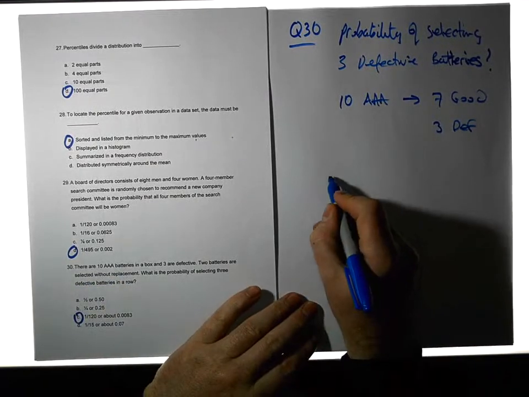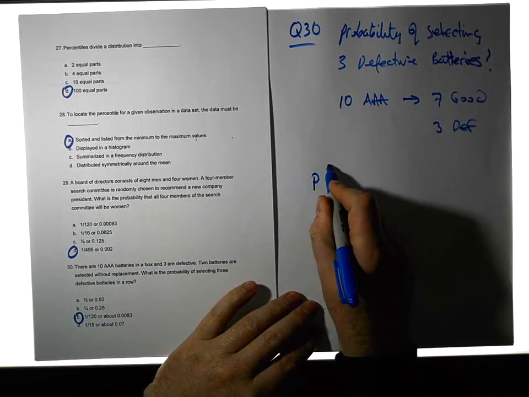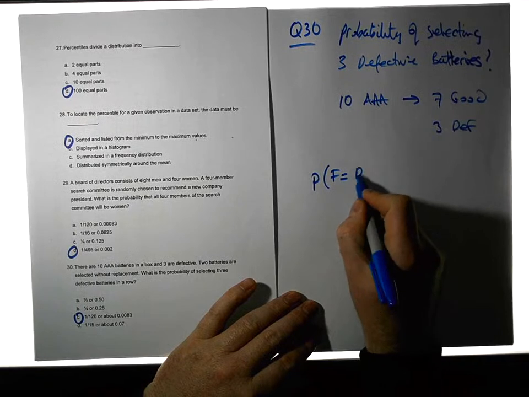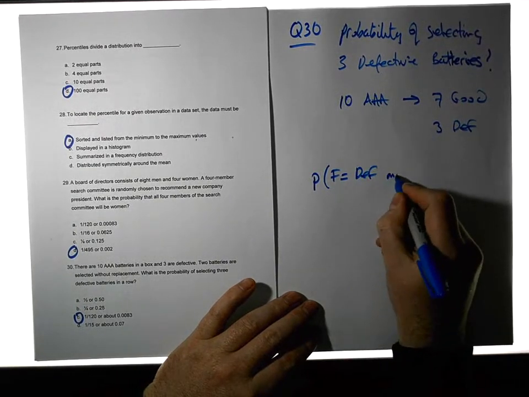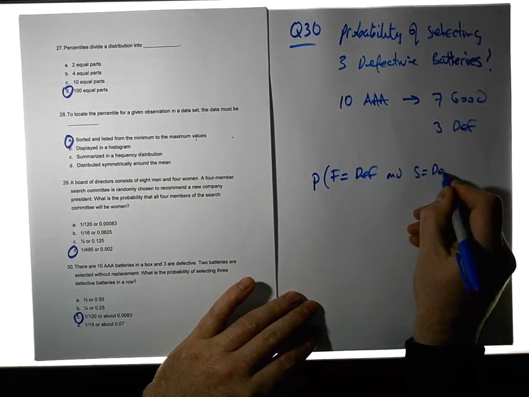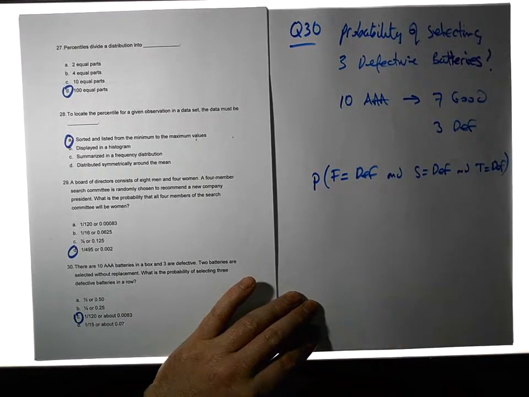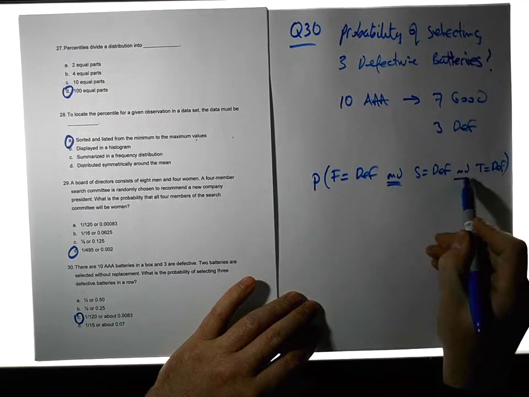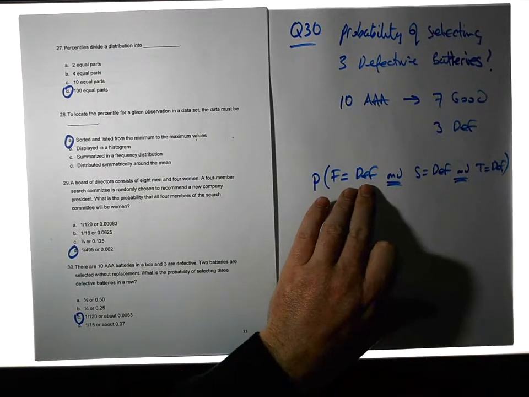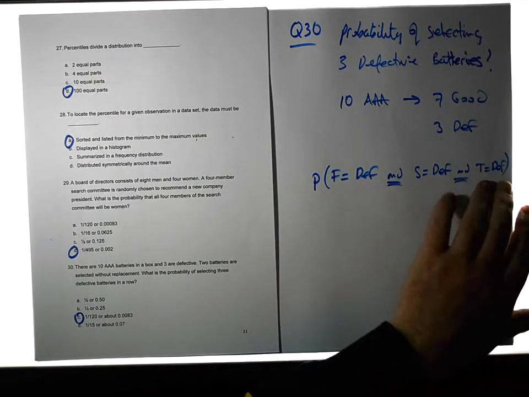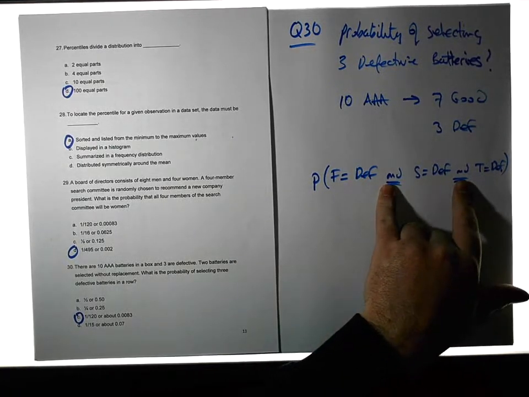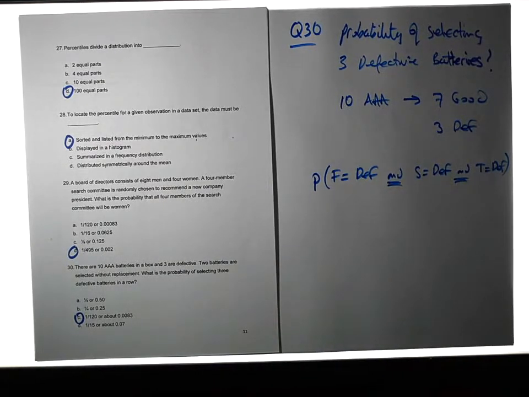What we're interested in is the probability that the first is defective and the second is defective and the third is defective. We need 3 batteries. The first has to be defective, the second has to be defective, and the third defective. The keyword is "and" here, which is the multiplication rule.